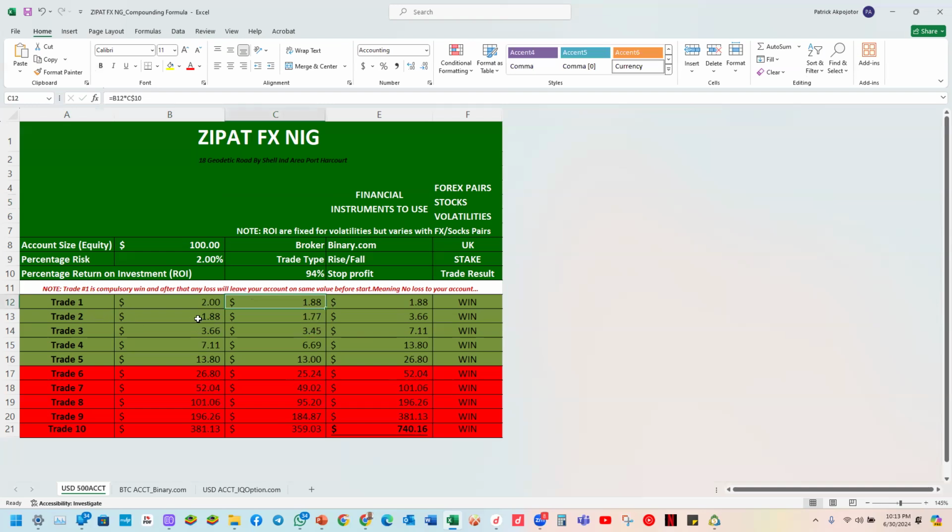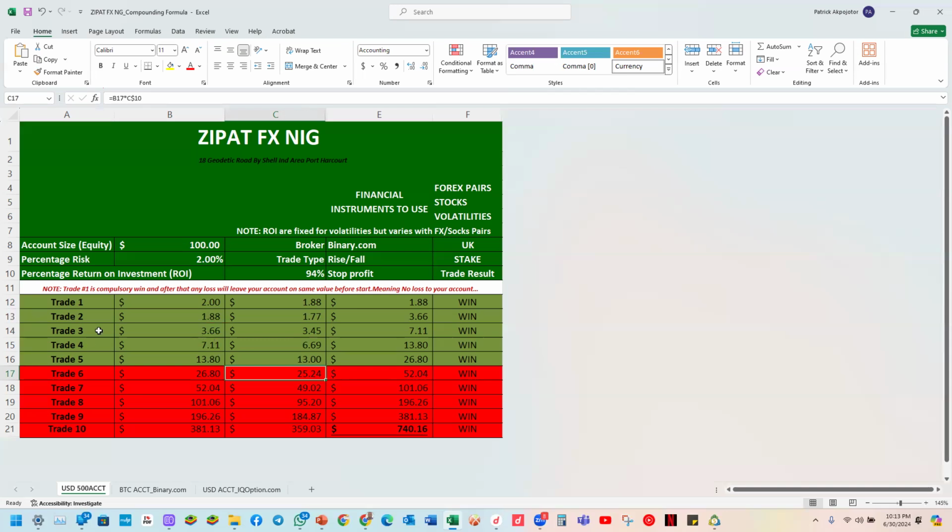Now my next investment is that profit. So even if I take this trade to the sixth trade and I lose, I will not lose a dime from my $100. I don't know if you're getting me.